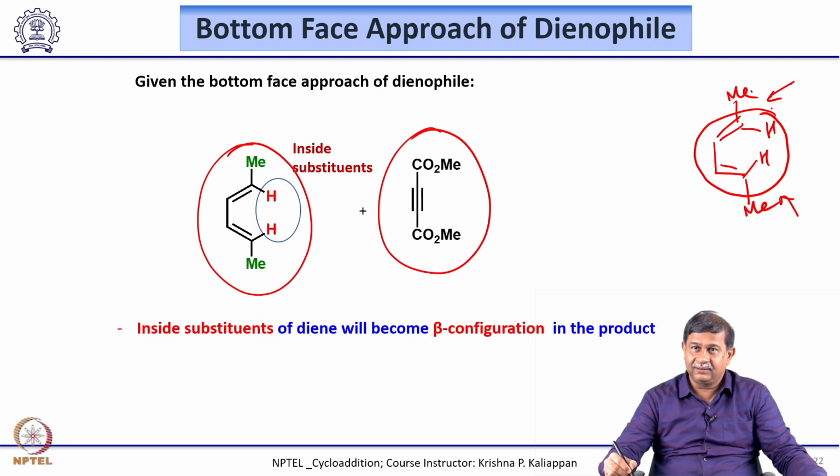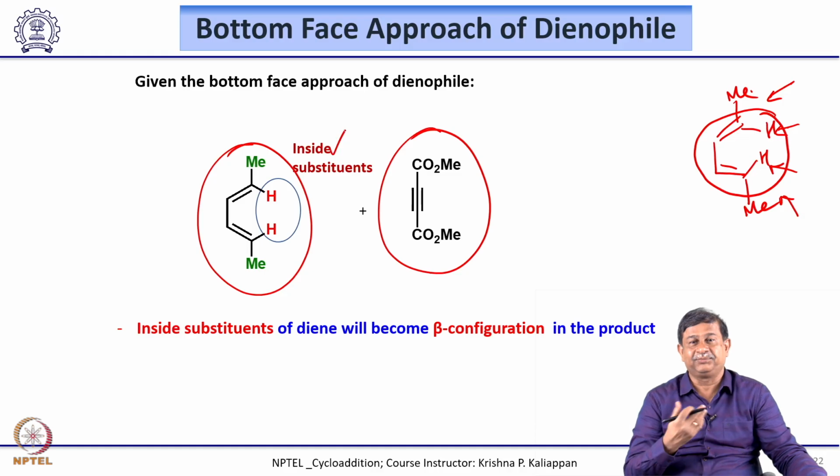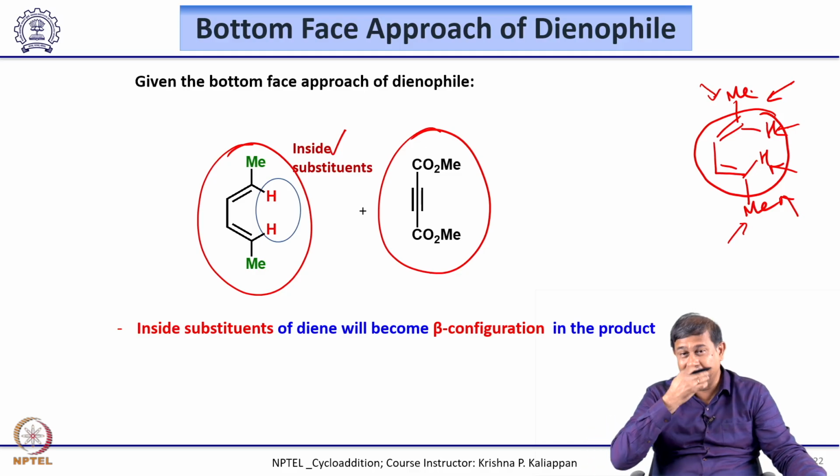One is methyl, the other is hydrogen. This hydrogen as well as this hydrogen are inside the circle. That is why they are called inside substituents. Whereas both methyl groups are outside the circle, so they are called outside substituents.